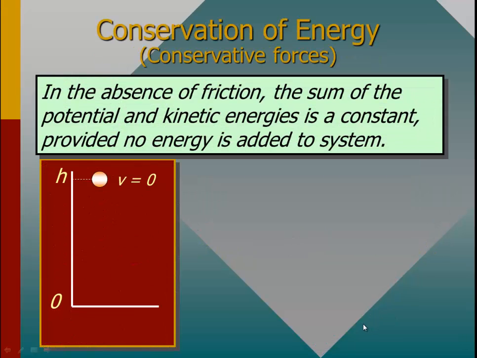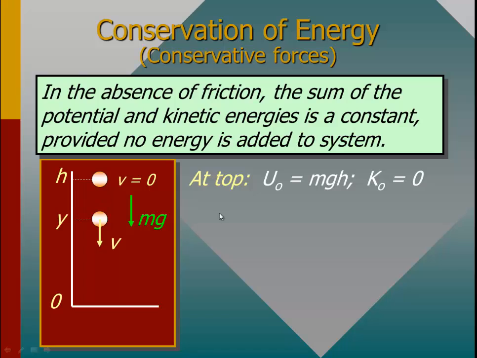Conservation of energy. In the absence of friction, the sum of the potential and kinetic energies is a constant, provided no energy is added to the system. So here we have potential energy up here, which is mgh. Now gravity can do work on it. So at the top, we have potential energy, but zero kinetic because it's not moving. We assume it starts from rest. And at y, it's going to have a combination of the two.